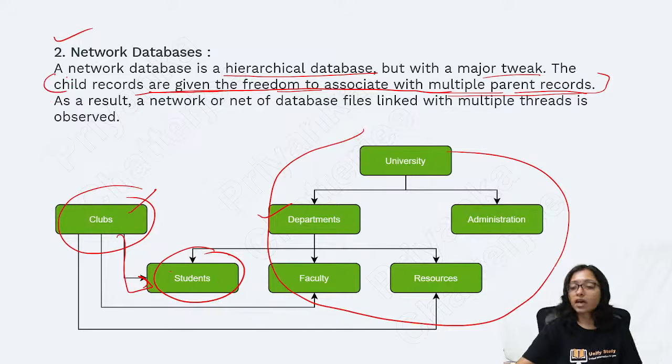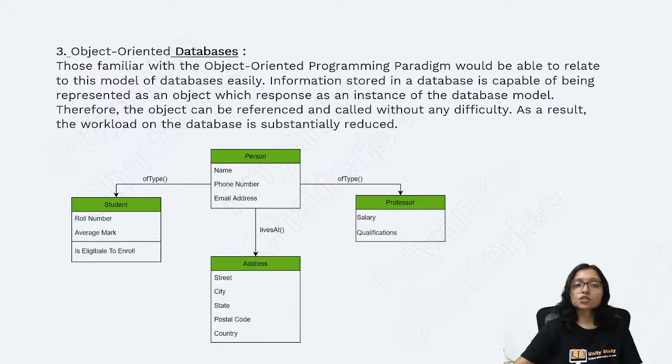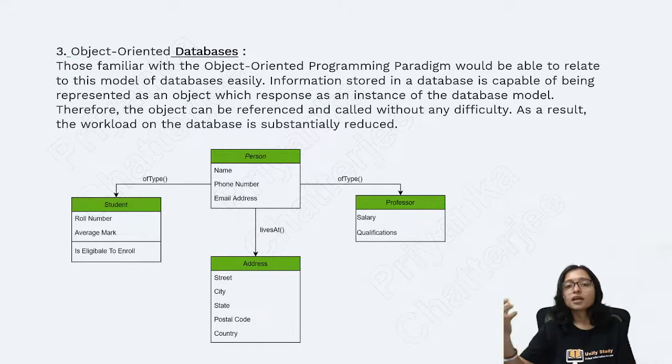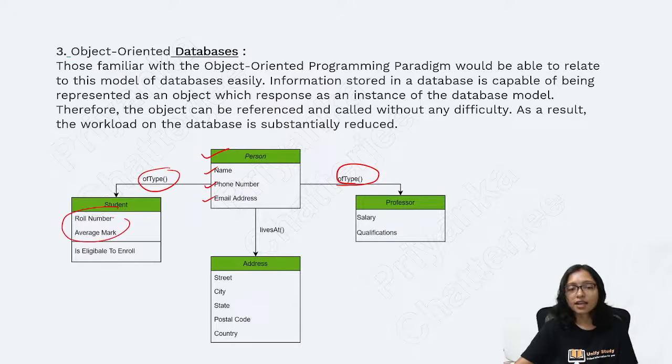From here a question can come. Next one is the object oriented database. Just like in object oriented programming, where we show member functions and member data, in the same way, this is the person: name, phone number, email. These are the functions, these are the attributes. This is how I am representing it.